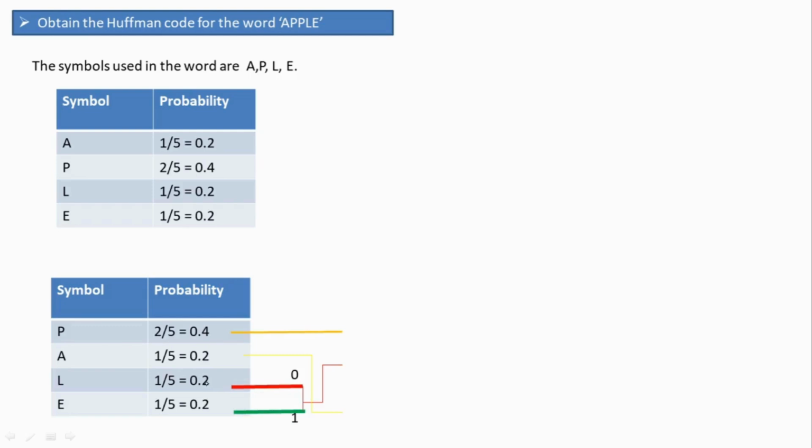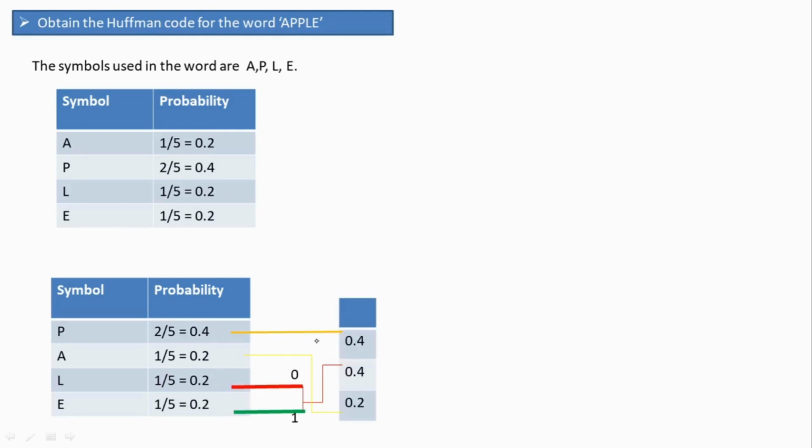Here the least symbols, that is 1 by 5, are L and E, with probability 0.2, 0.2. We have to assign 0, 1, add these two probabilities, and rearrange the probabilities in descending order again.